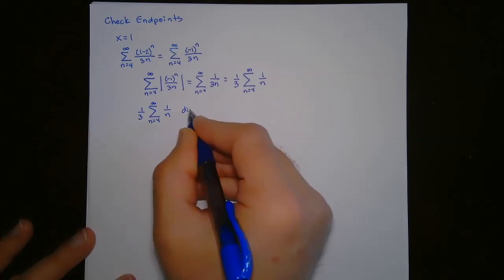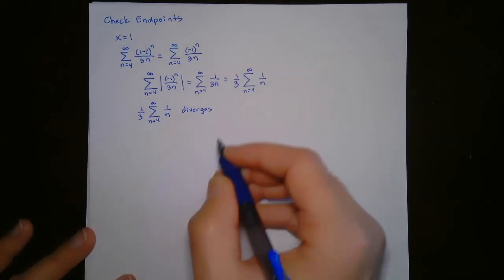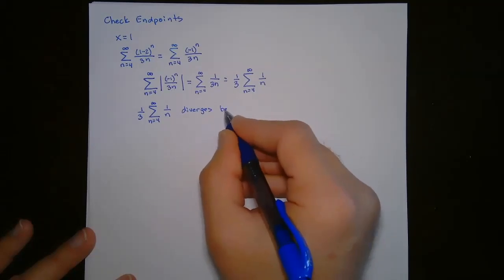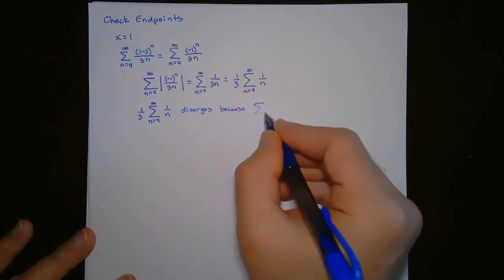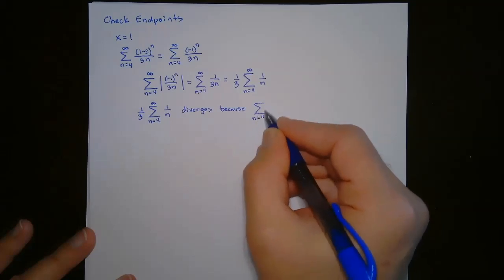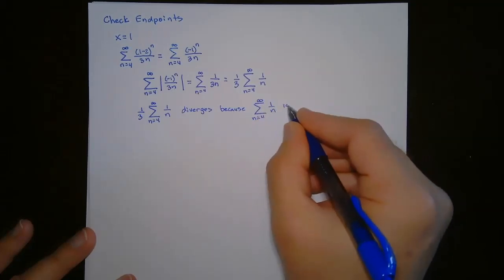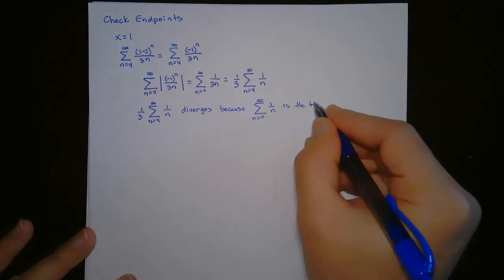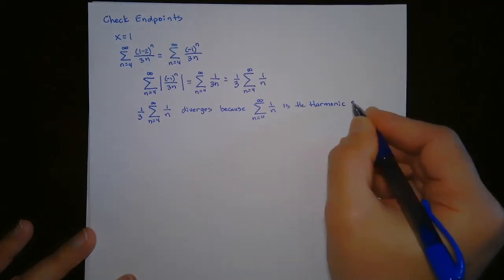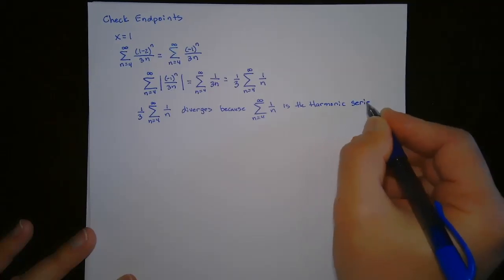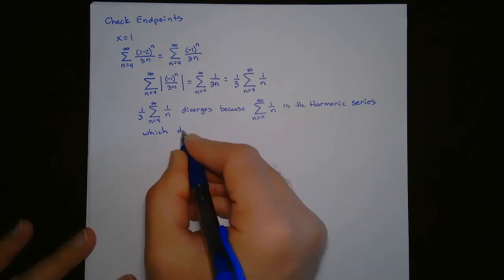We know that this diverges, but you got to give a reason why, okay? Diverges because sigma n equals 4 to infinity of 1 over n is the harmonic series, which diverges.